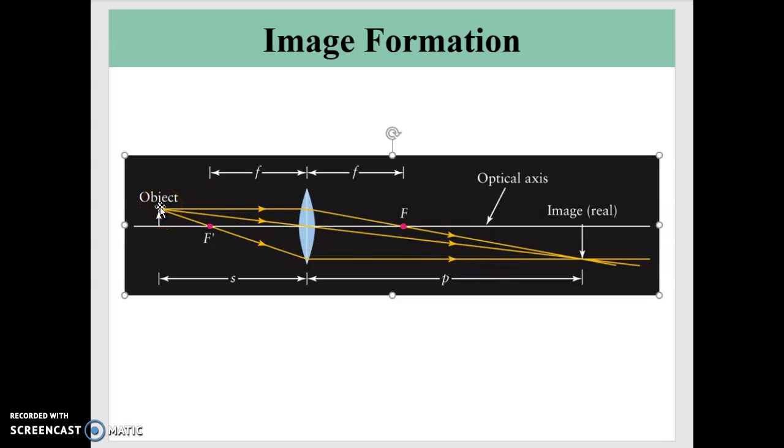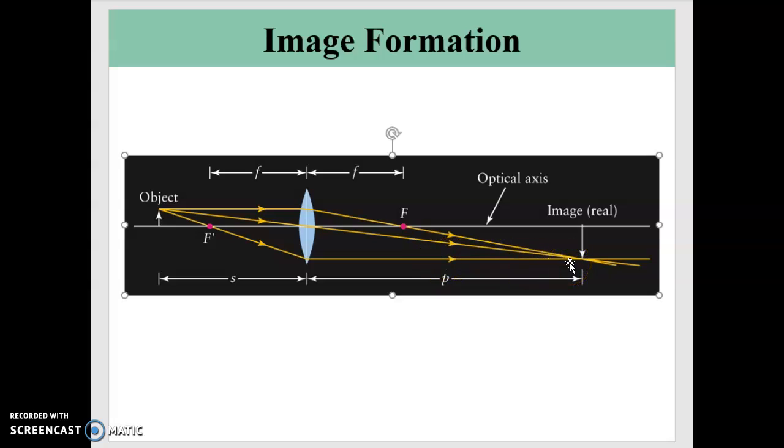A third beam moves through the focal point on the object side, and if that beam then successfully hits the lens, it will emerge parallel. So here's the symmetry. Initially parallel, then it moves through the focal point. If it initially moves through the focal point, it emerges parallel.